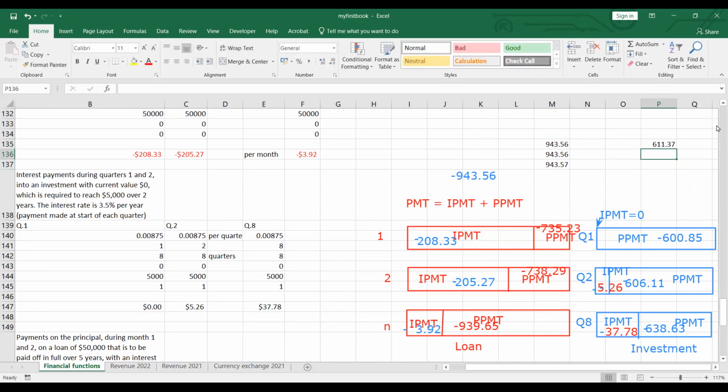And lastly, quarter 8, I get 3778 plus 638.63. On this one I get something a bit wrong. IPMT 526.